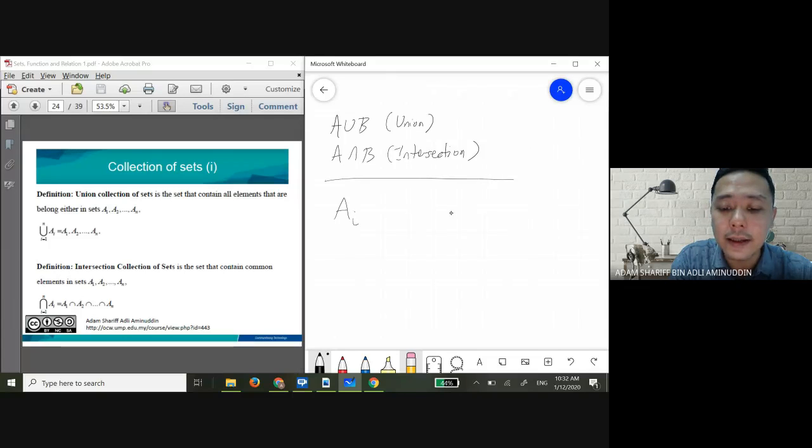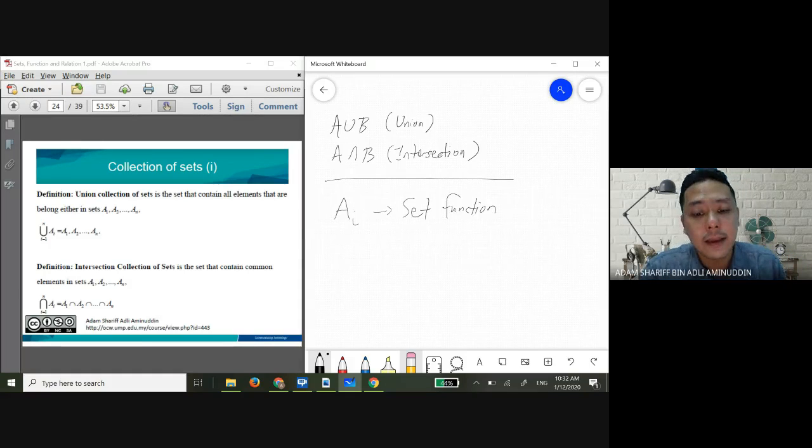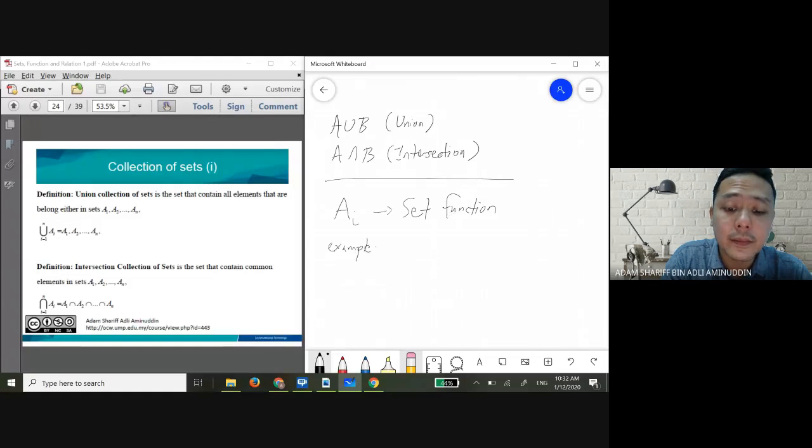Okay, this one I name it as a set function. Not function, bukan set biasa. It means that if I define i sebagai apa, then Ai equals to something will represent a different thing. Okay, contoh. If Ai, I set it as, saya ambil yang senang dulu ya, {0, i}.